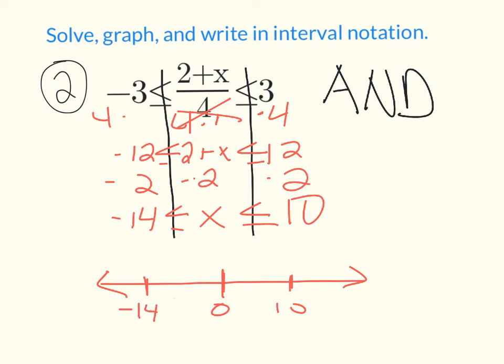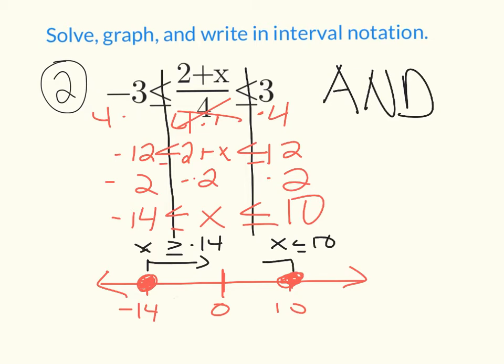On negative 14 and 10, they're both closed because they both have an equal part. They have the line underneath it. So let's think about what it says. It actually says x is greater than or equal to negative 14. Okay, so that means I go to the right on that. The other part says x is less than or equal to 10.